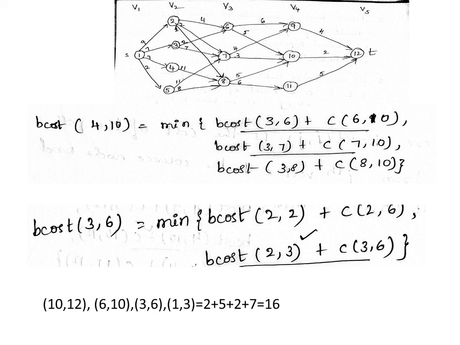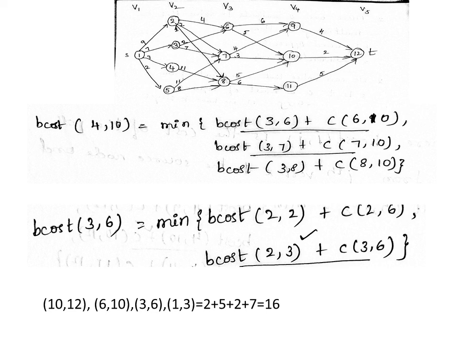First we'll check from 6. From 3 to 6 we have, from stage 2 to 3, c of 3, 6. So 10 to 12, then 6 to 10, I am considering 6 here, then we have 3 to 6 from this stage.